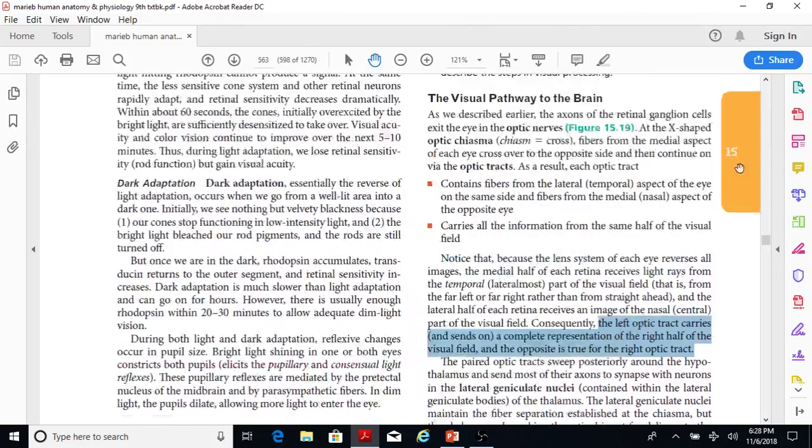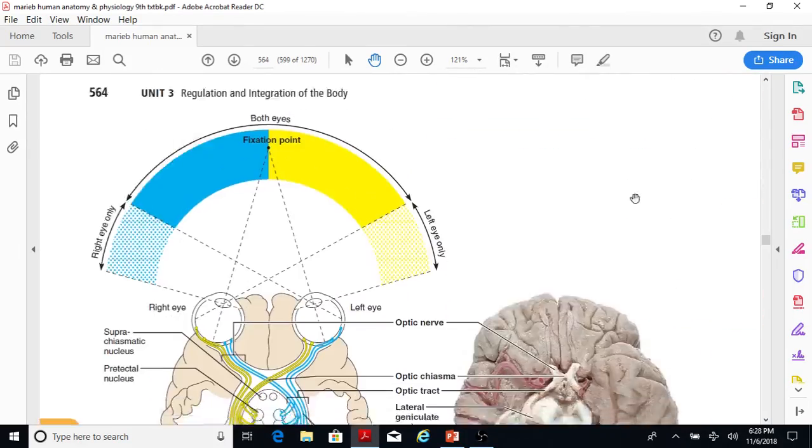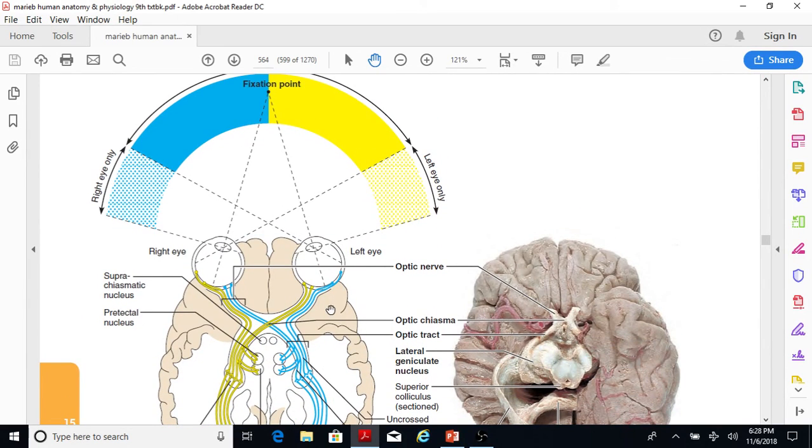So if we pay attention to what occurs over here, this is a trend that we see in the optic tracts, where the optic tract will receive a complete representation. If we look at just the blues, this optic tract, which is on the left side, is receiving the right side of the visual field. And then this optic tract, which you see in the yellows, is the other side of the visual field. Although it's on the right side, it's receiving the visual field from the complete opposite side.